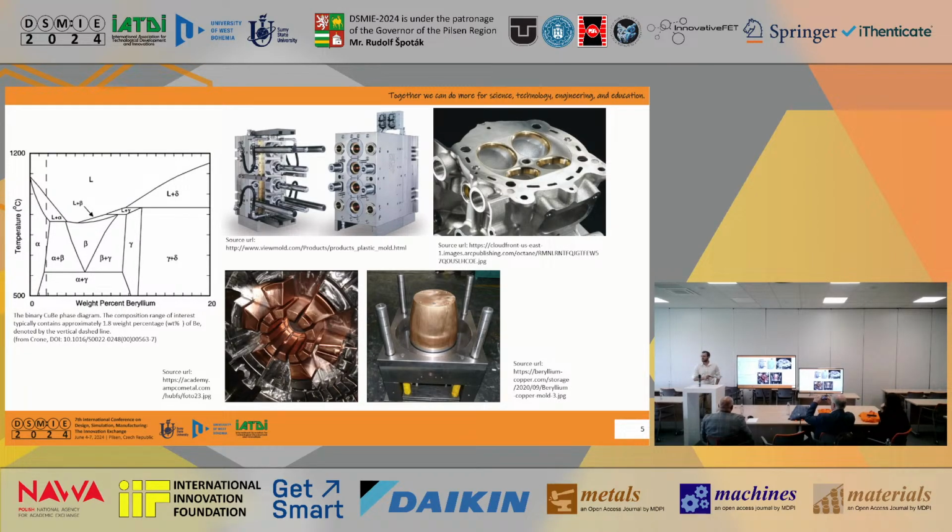Normally for inserts of the plastic molding, but also for bushings in the molds can be used this type of alloy. And just for curiosity, in the automotive industry as well.